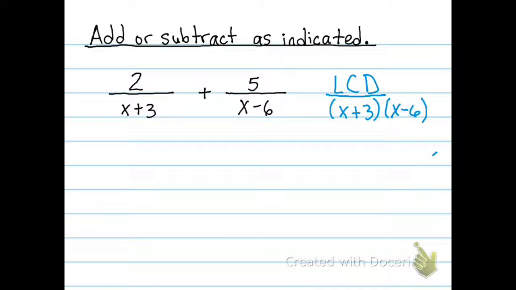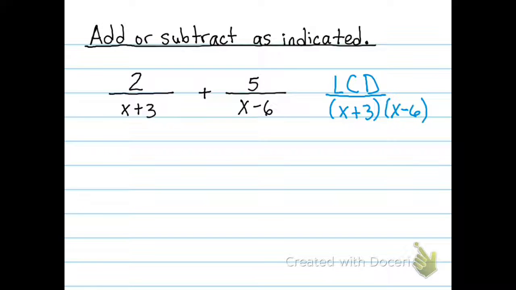Right, so what we need to do now is rewrite each of these rational expressions so its denominator is the LCD. If we look at this first rational expression, its denominator again has the factor x plus 3, and so you have to ask yourself, what do we need to multiply to x plus 3 to make it x plus 3 times x minus 6?